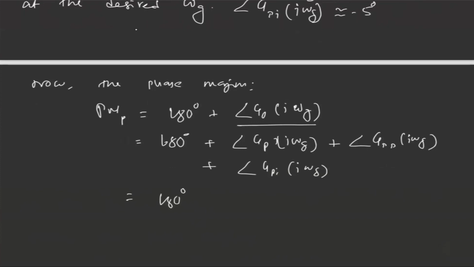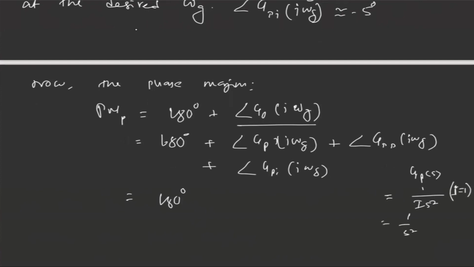Since we have two poles for the aircraft control system, we had G_P of s for the unity inertia. Let me write first: I s squared is the system, and since we are assuming the inertia is 1, it will be 1 upon s squared for I equal to 1.